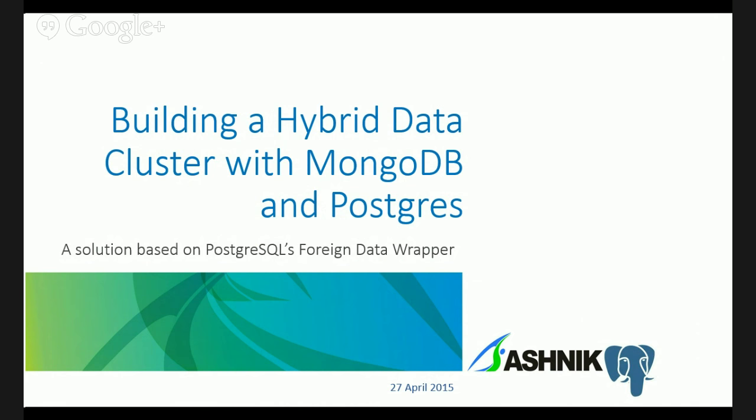So to go ahead with the hangout that we have to do today, this will be about building a hybrid data cluster. Why hybrid? Because we are talking about having coexisting databases, MongoDB and Postgres.